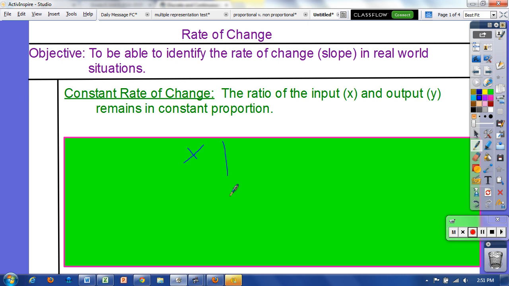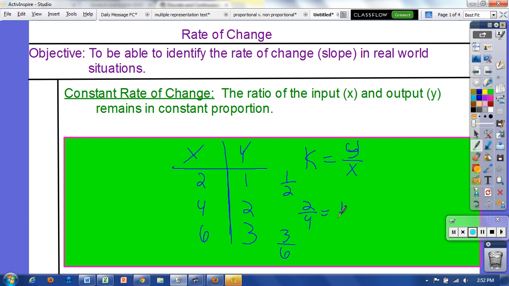If you had x and y values, and you put them in k equals y over x, you have 1 over 2, 2 over 4, 3 over 6, where they would all equal the same thing, so the ratio stays constant, and so that will be a constant rate of change if you're looking at it on the table.